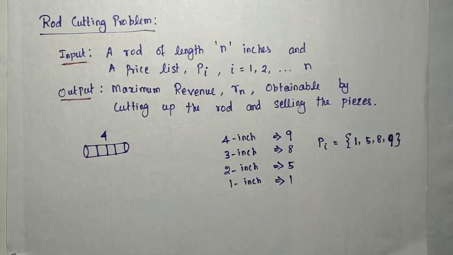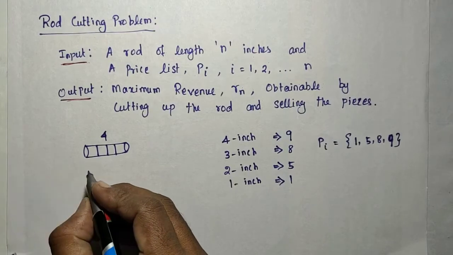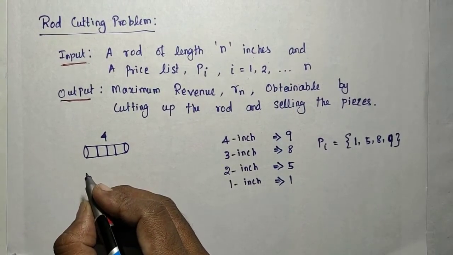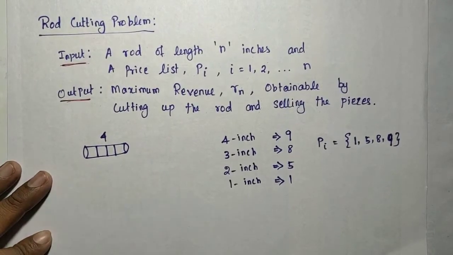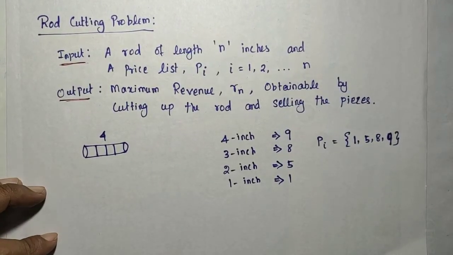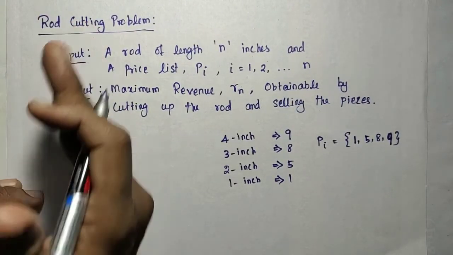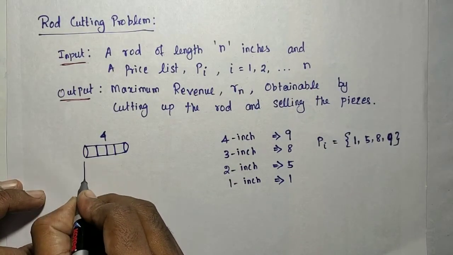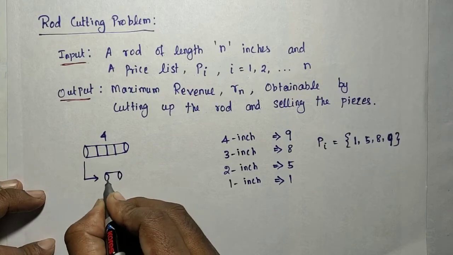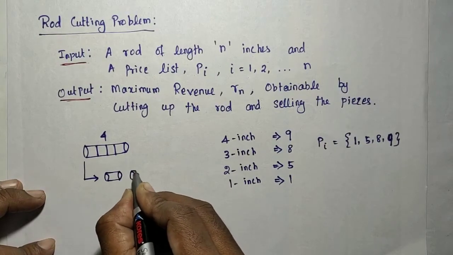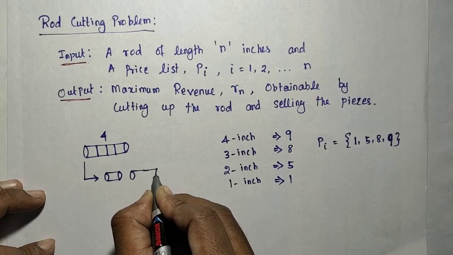So the simple solution means we need to check all the combinations. Here we can simply proceed like this. If you are doing the first cut at the first inch, we will get 2 pieces: one is the 1-inch rod, another one is the 3-inch rod.